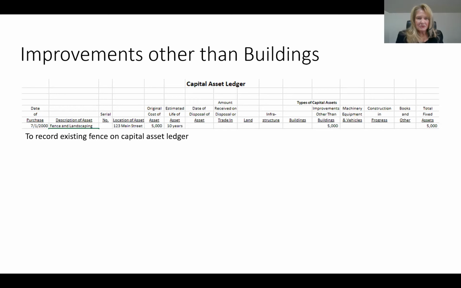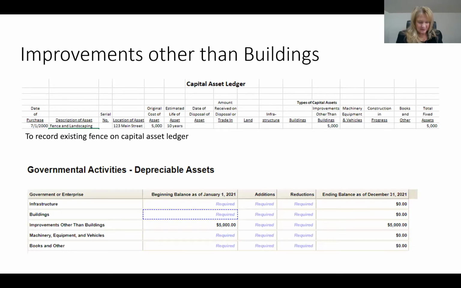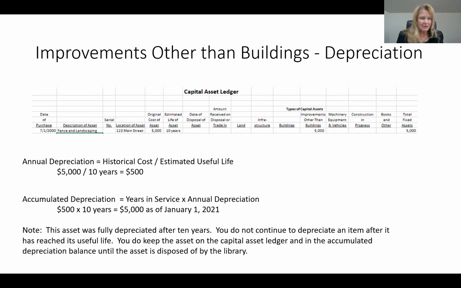Again, that carries over the $5,000. Improvements other than buildings is $5,000, and total fixed assets of $5,000, and then that just records my existing fence. Now, governmental activities, depreciable assets, this is just right off my capital asset ledger. Again, my beginning balance is $5,000 for that fence.